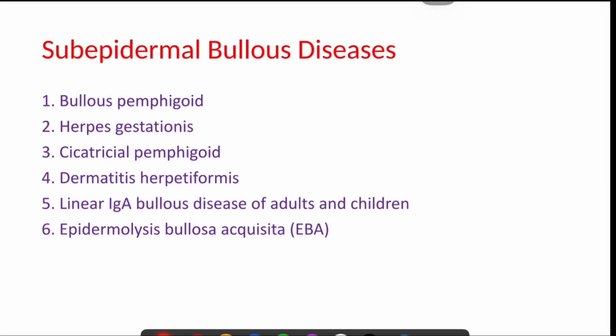Now, subepidermal bullous disease. The most common examples are bullous pemphigoid, herpes gestationis, cicatricial pemphigoid, dermatitis herpetiformis, linear IgA bullous disease, and EBA.